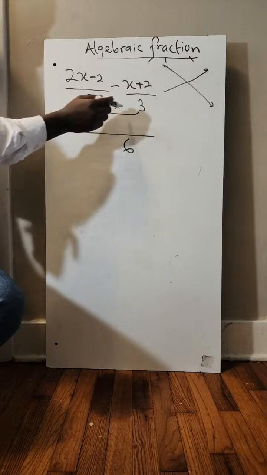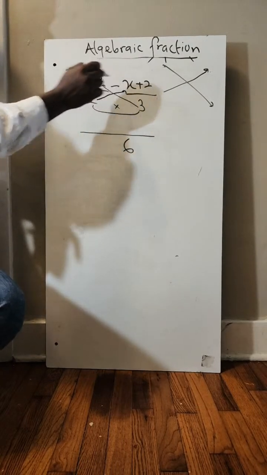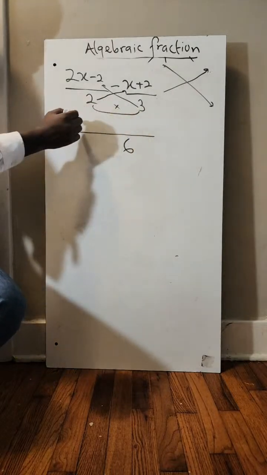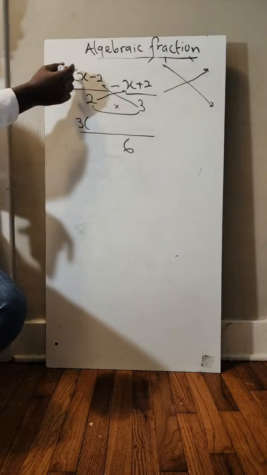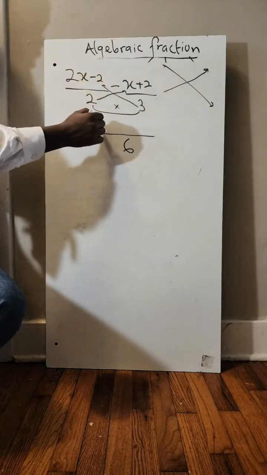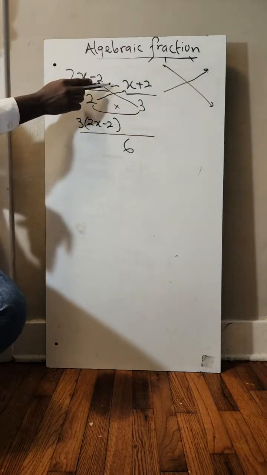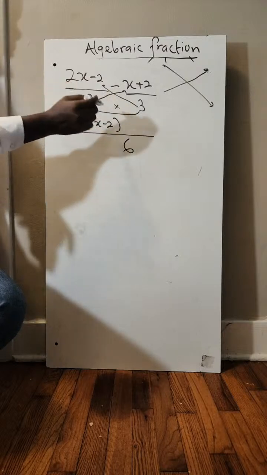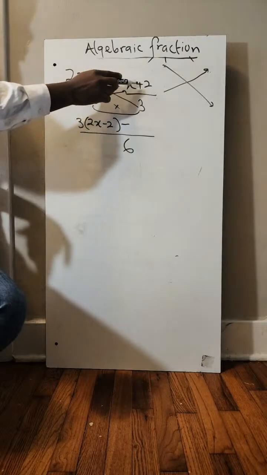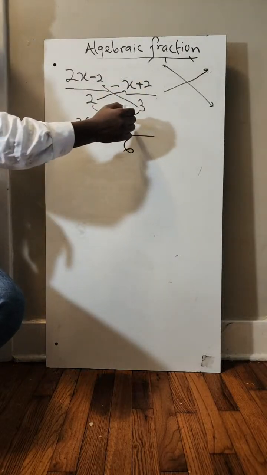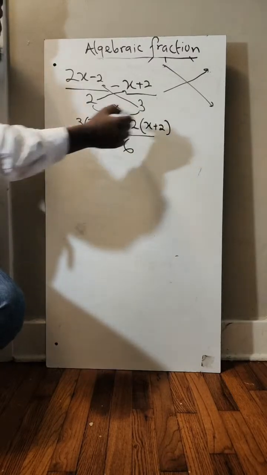Here we have 3 multiplying this, and 2 multiplying this. So 3, which you can put in parentheses, multiplying the numerator here, which is 2x minus 2. Now look at the sign, which is the negative sign, minus, here we have 2 multiplying the numerator, x plus 2.